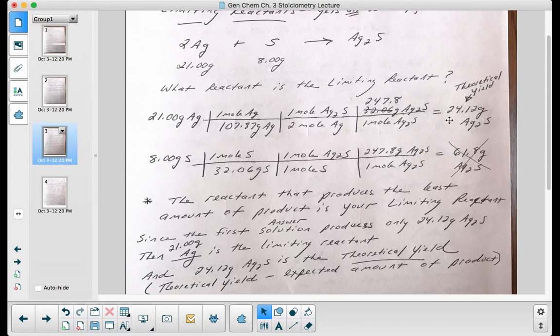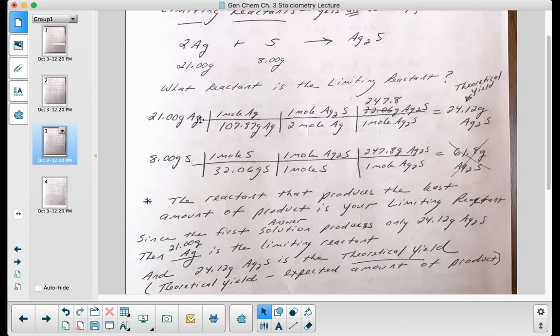So what I know is that this becomes what we call the theoretical yield of the silver sulfide. And that amount of yield is produced by the limiting reactant.